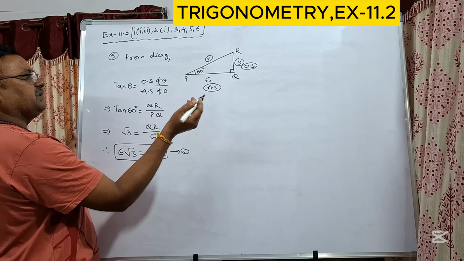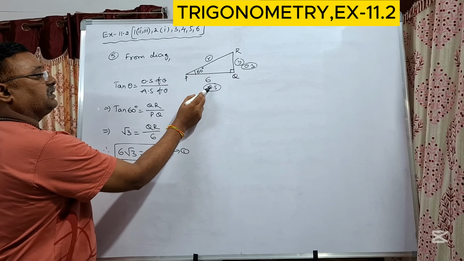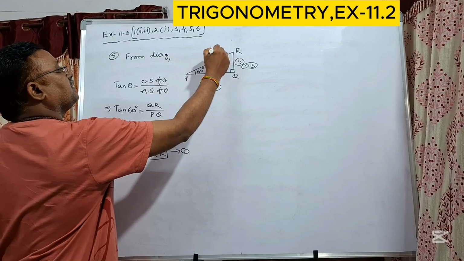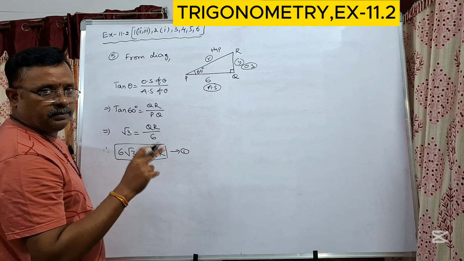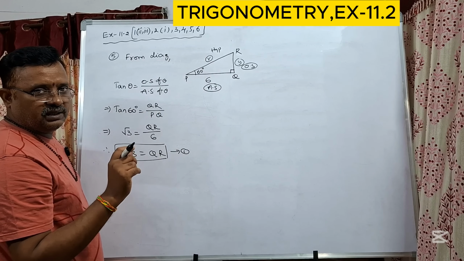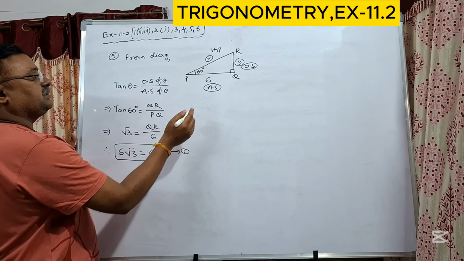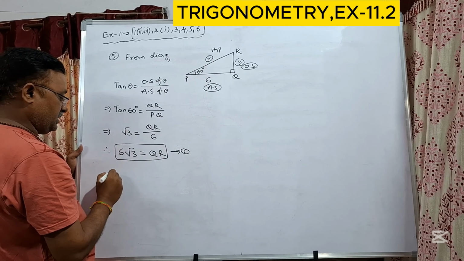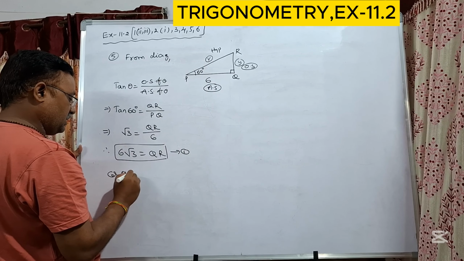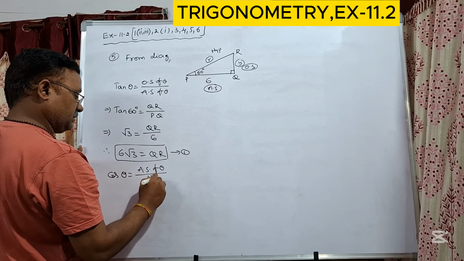Next, the same rule we have to apply. I know the angle and its adjacent side. I want the hypotenuse. When the discussion comes regarding the hypotenuse, then only we should enter into either the sin theta or cos theta formula. Since I know the adjacent side and I want the hypotenuse, the related ratio is cos theta. Cos theta equals adjacent side of theta by hypotenuse.